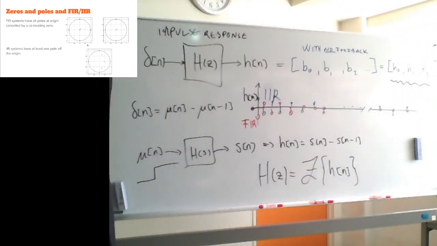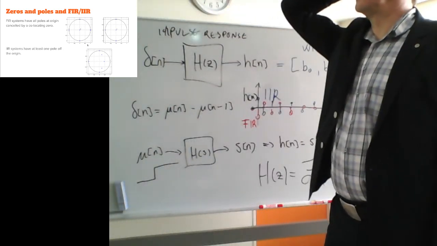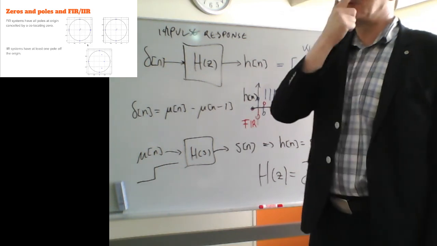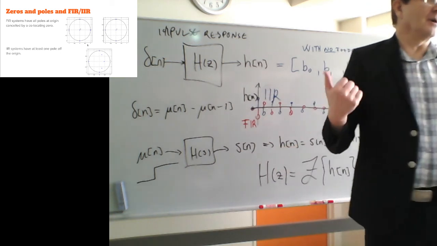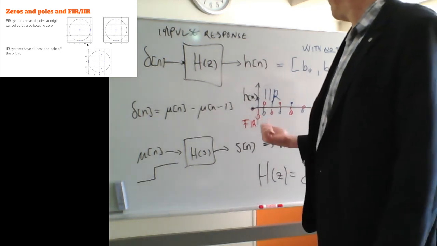You can take a quick look at the zeros and poles, and it immediately shows you if a system is a finite impulse response or infinite impulse response system. Okay, good.